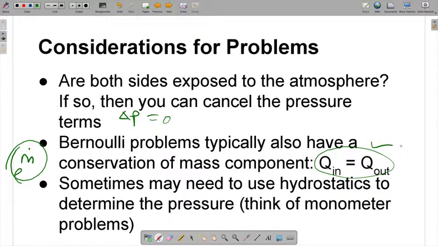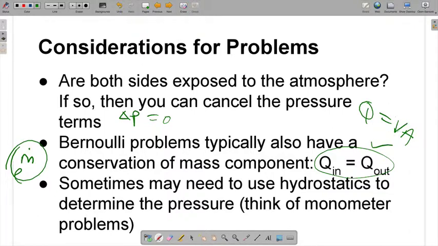Okay? So this is actually important because your volumetric flow rate equals velocity times area. Right? So you have a velocity times area, and we know for a fact that velocity is in Bernoulli's equation.